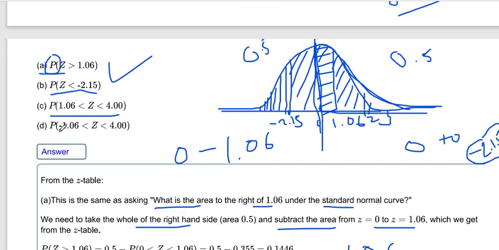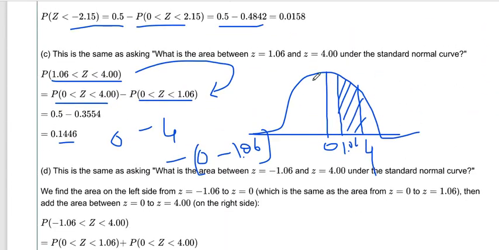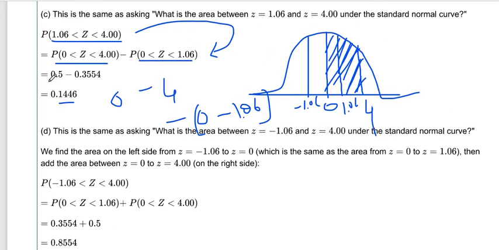Then next is minus 1.06 to 4. Here minus 1.06 is on the left, so we have to calculate all the values. We already have the value of 0 to 4, which is 0.5.